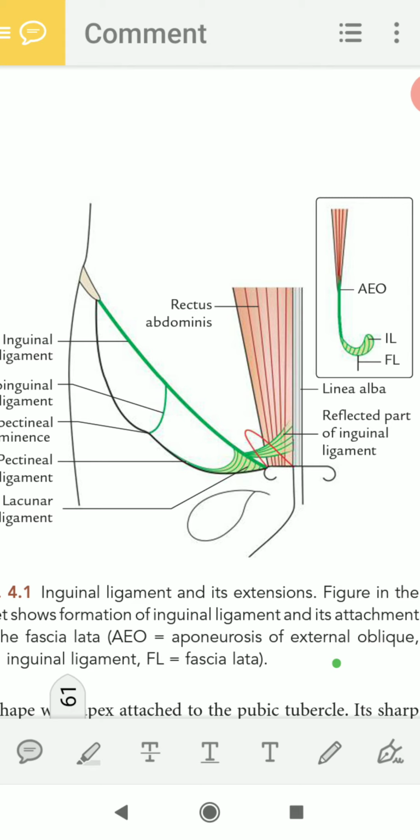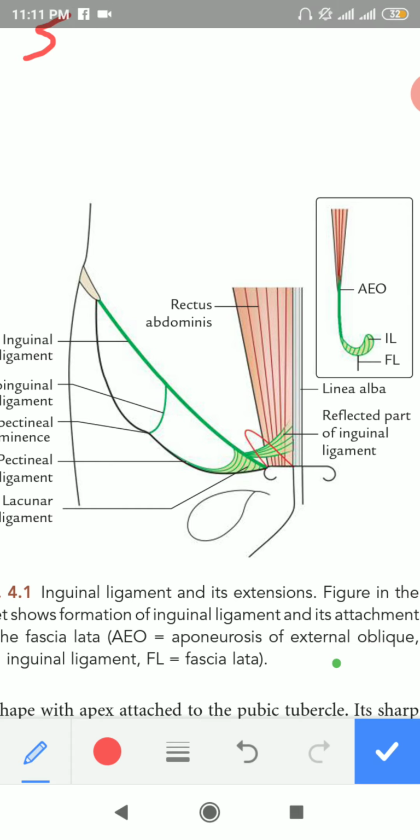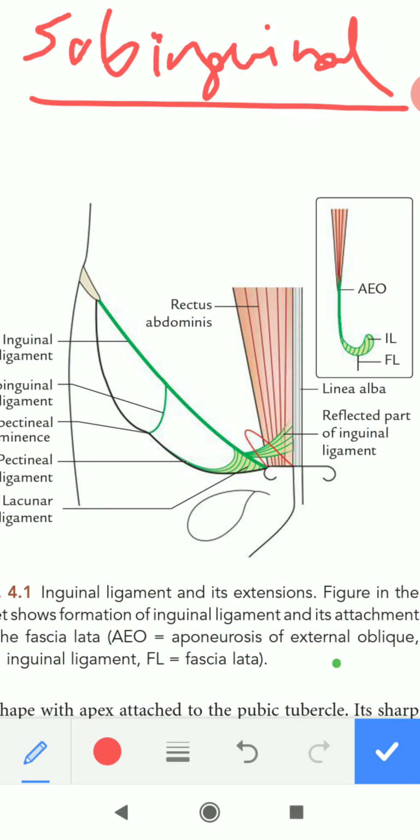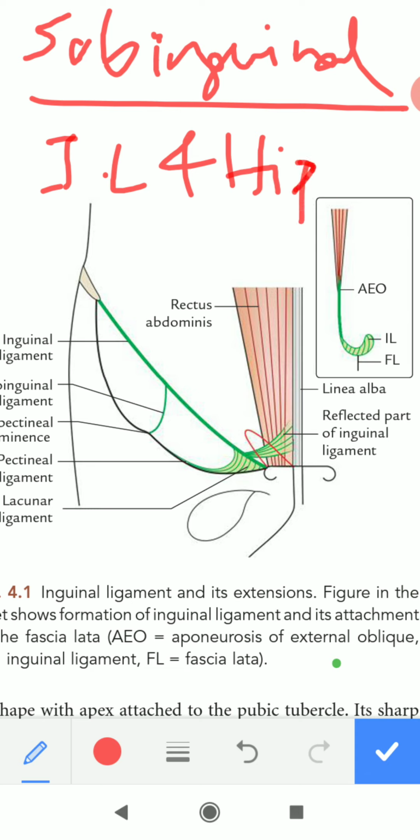The space between the inguinal ligament and the hip bone is called the pelvifemoral space or subinguinal space. It is nothing but a space between the inguinal ligament and hip bone.